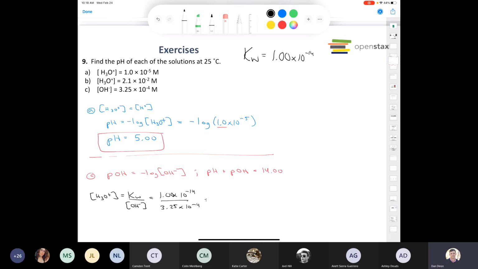And when I do that, I end up with what? Let me just type it in here. 1 times 10 to the negative 14 divided by 3.25 times 10 to the negative 4, which gives you 3.08 times 10 to the negative 11 molar. Okay, so now I can plug that into my formula. pH is equal to negative the log of 3.08 times 10 to the negative 11.